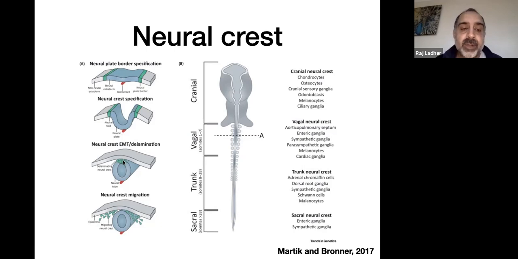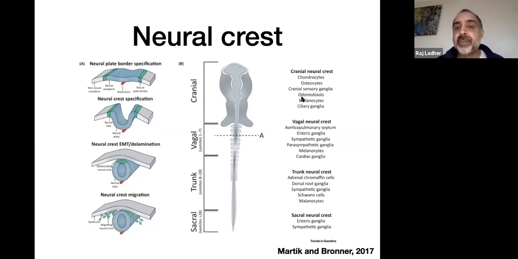As the neural tube closes, a specialized group of cells within these neural crest precursors delaminate and leave the neural tube. And they'll migrate away. And they have a unique property to be able to form a multitude of different types of cells. And so neural crest will form cartilage, bone. It will form sensory ganglia.